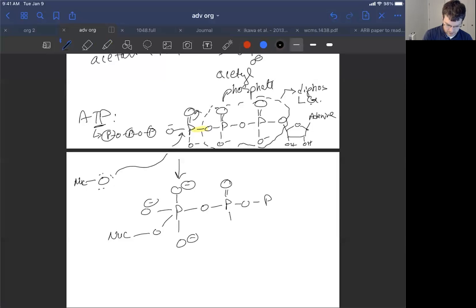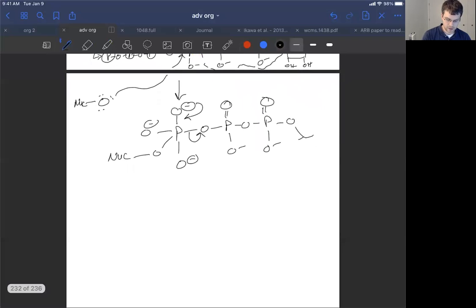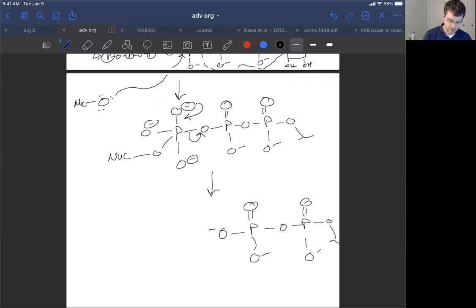Now we're going to come down and come over here. And that's going to make 2 molecules that are much more stable than the ATP that we started with. Okay, so we broke that bond.